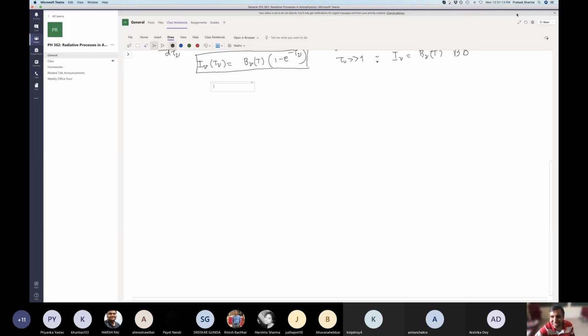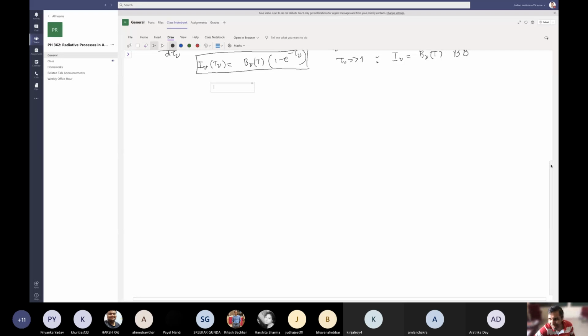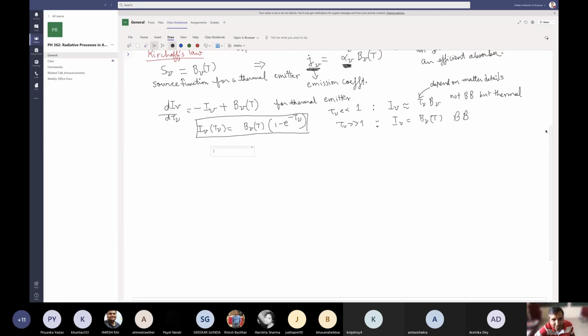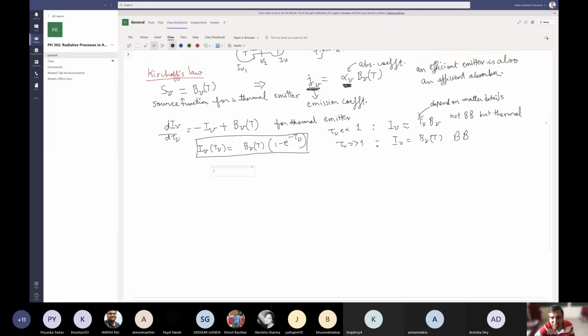So invisible man means that j_nu is 0. If j_nu is 0, and if that invisible man is made out of thermal material, alpha_nu will also be 0. That means it will not be absorbing anything. So an invisible man cannot absorb anything, so he will also be blind. He cannot perceive anything by radiation from his surroundings.